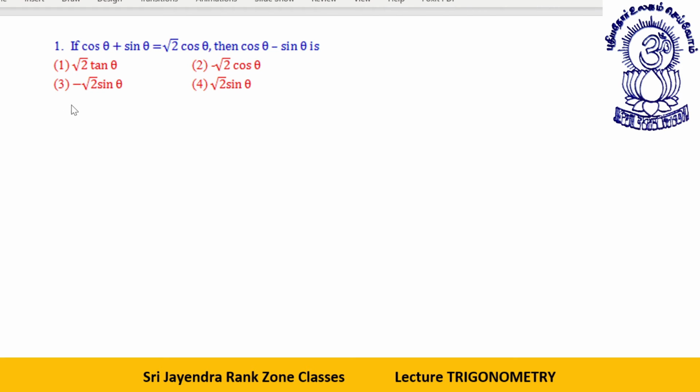These questions are asked many times. This is like cos theta plus sine theta is equal to root 2 cos theta. You have to find cos theta minus sine theta.